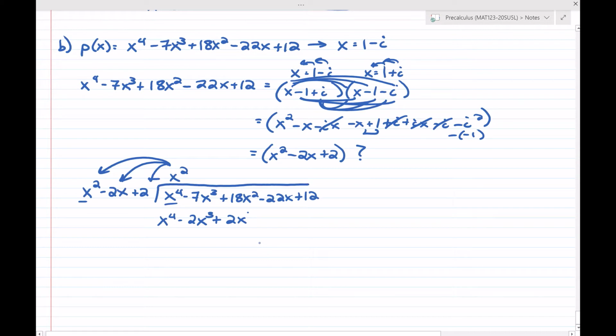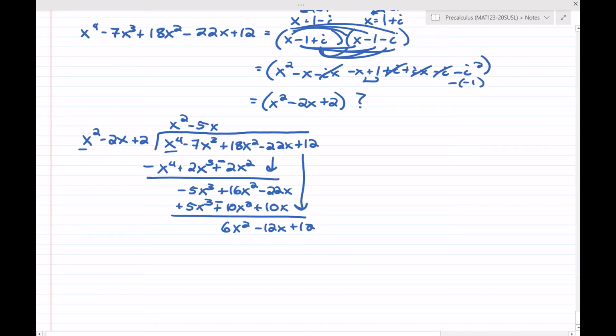Now look at the front numbers. x squared times negative 5x gives us negative 5x to the 3rd plus 10x squared minus 10x. Subtract these. And we get 6x squared minus 12x. I'll bring down the 12. x squared times 6 is going to give us 6x squared minus 12x plus 12. And if we remember to subtract these, we get a remainder of 0.